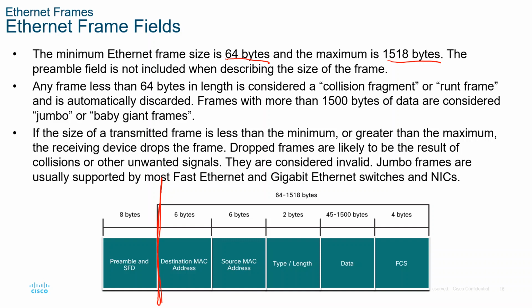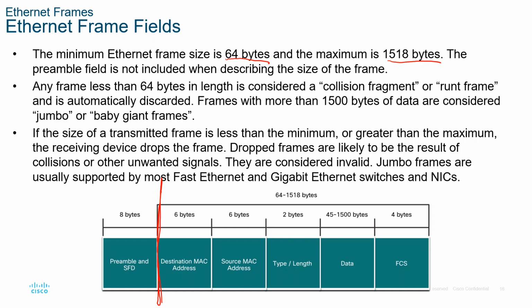Dropped frames are likely to be the result of collision or other unwanted signals, or noise interference during the transmission. Because of that, they are considered invalid. But jumbo frames are usually supported by most Fast Ethernet and Gigabit Ethernet switches and network interface cards.